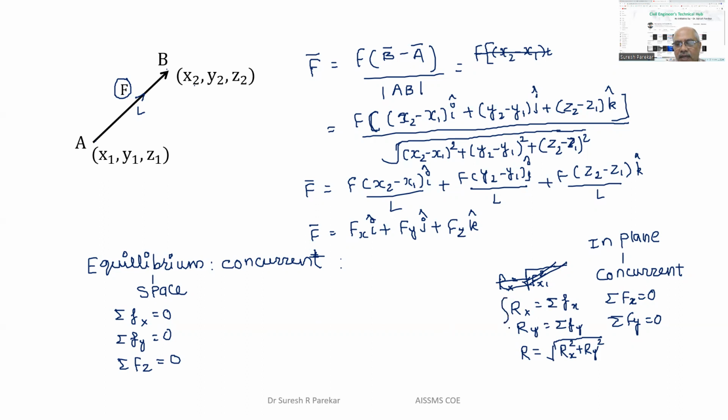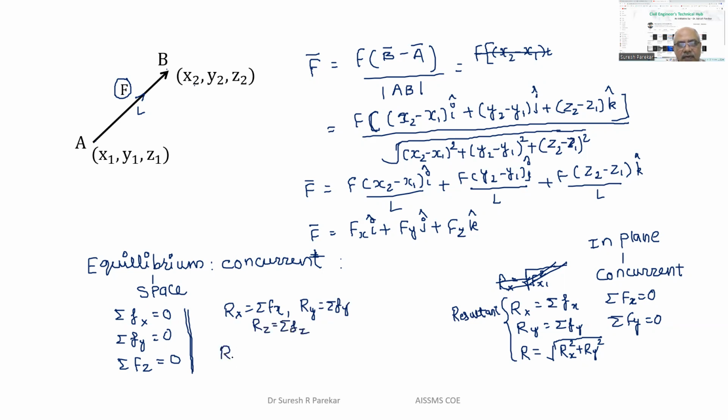So when we have a resultant, in this case we will have Rx equal to summation Fx, Ry equal to summation Fy, and Rz equal to summation Fz.